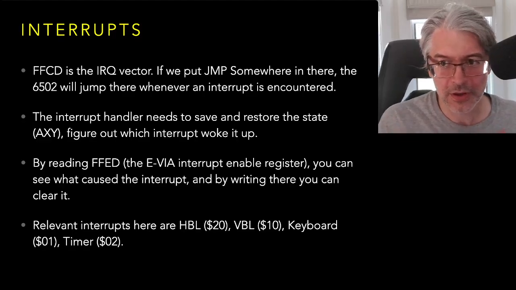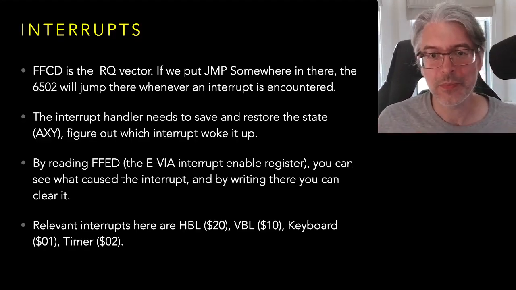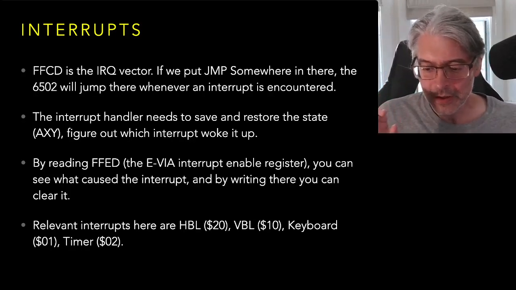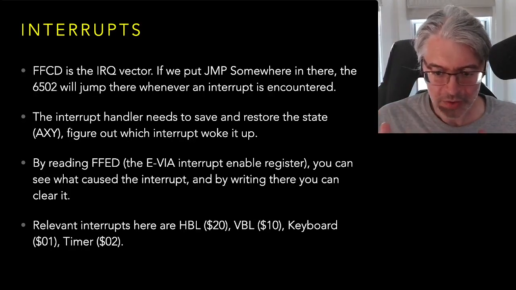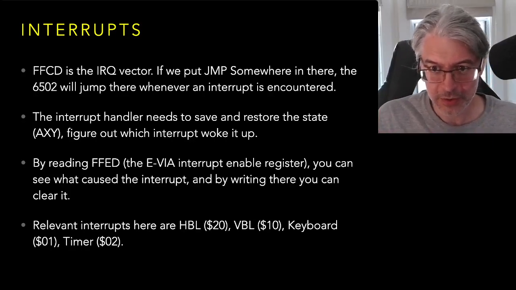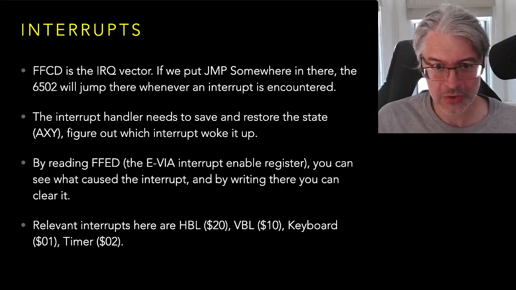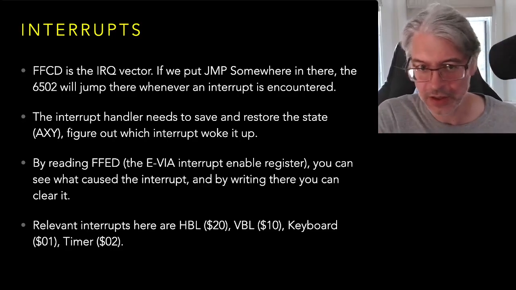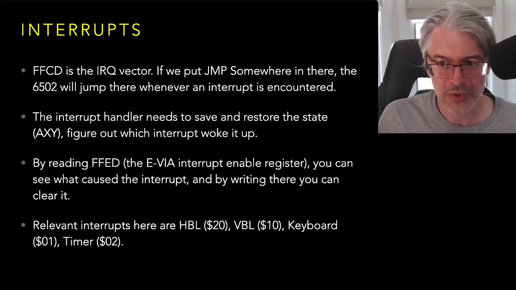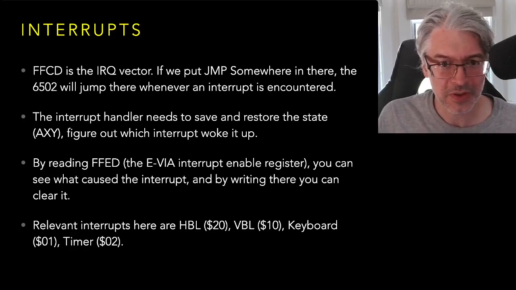So what you want to put there is a jump somewhere. If we jump to our own interrupt handler, then we can deal with the interrupt as it happens. If you're going to do this, you need to save the state and then restore the state, because your program is doing something else, and then suddenly you're running the interrupt handler, and you want the something else that your program is doing to be able to continue when the interrupt handling is done.